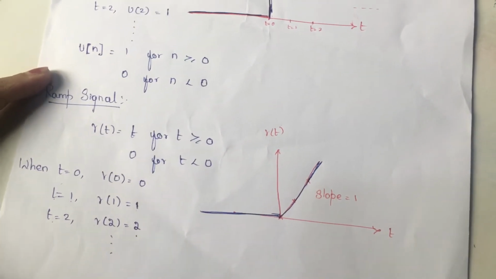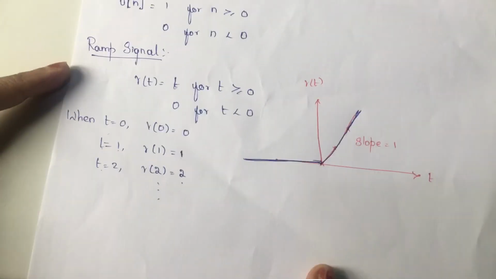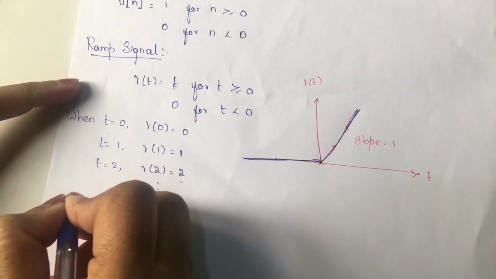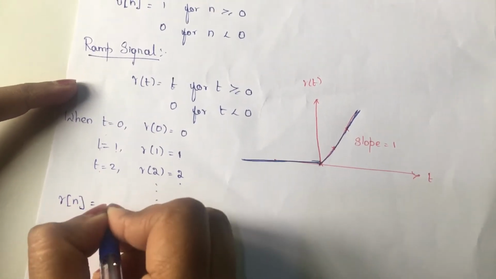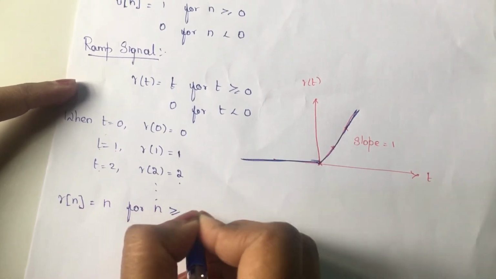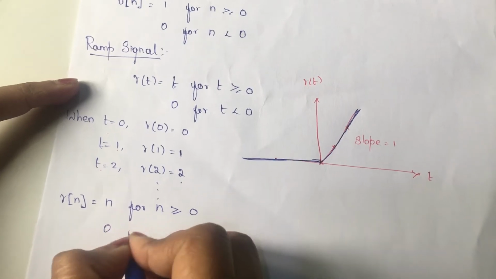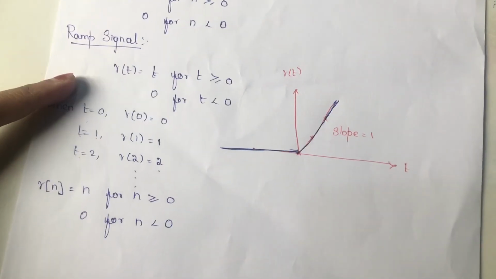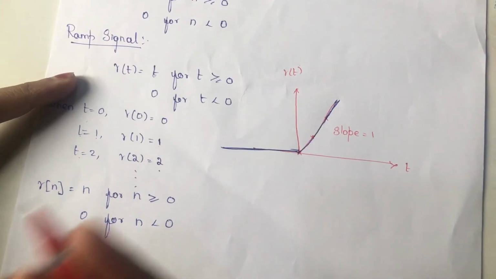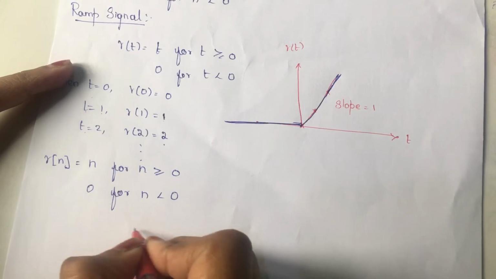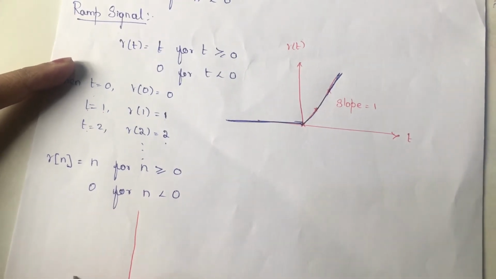Next, we can represent this in DT type, that is r of n is equal to n for n greater than or equal to 0, and 0 for n less than 0.